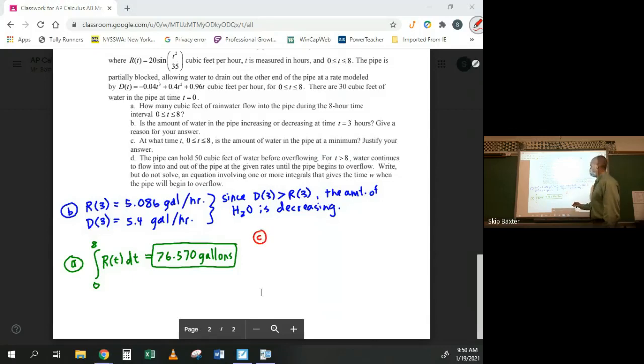You could say that the amount of water in the pipe at time t is really just equal to the initial amount of water in the pipe, which they tell you is 30 cubic feet, plus the integral from 0 to t of the rate at which the amount of water in the pipe is changing, which is really just R of t minus D of t.